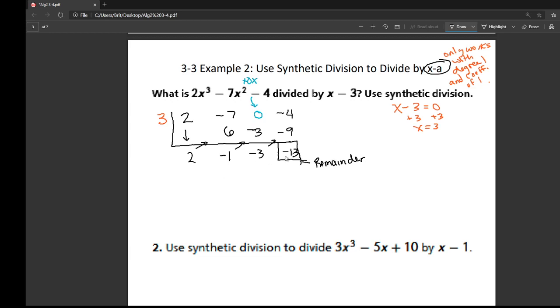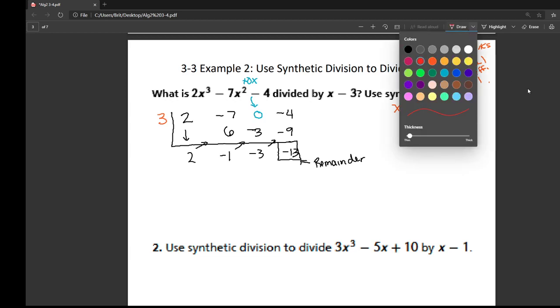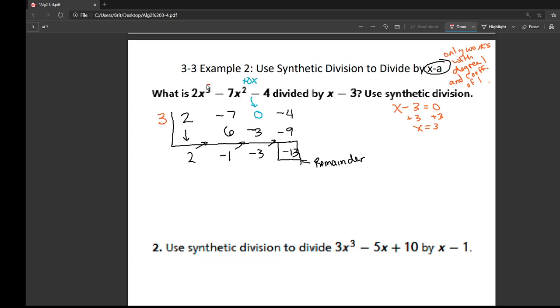Now when I go to write this out as a polynomial, I'm going to start by looking at the original polynomial. It's degree 3. So because this is degree 3, I'm going to go minus 1 degree and write this as a degree 2 polynomial.